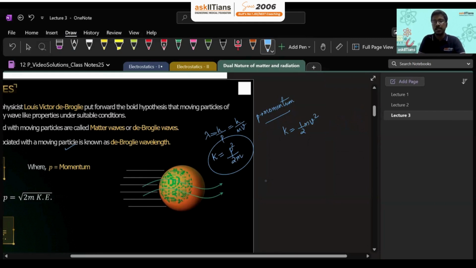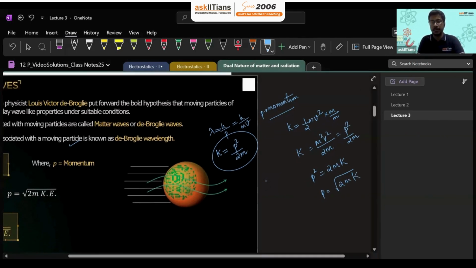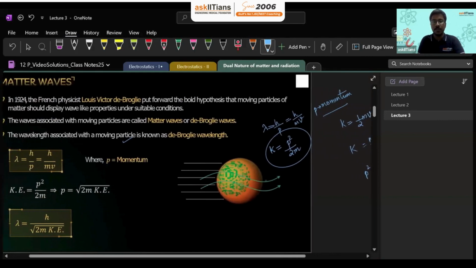If you multiply with m and divide with m, this becomes m square v square by 2m, which can be written as p square by 2m, because p is equal to mass into velocity. So p square by 2m is equal to k, or p square is equal to 2m times kinetic energy, or p is equal to under root 2 times m times kinetic energy, where m is the mass of the particle, k is the kinetic energy, and p is the momentum.